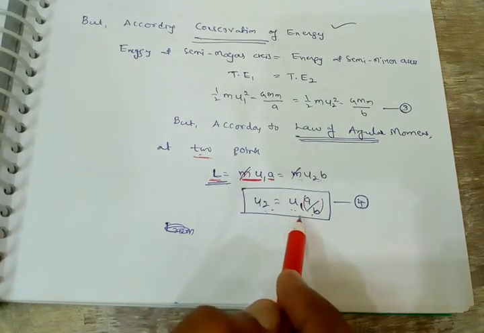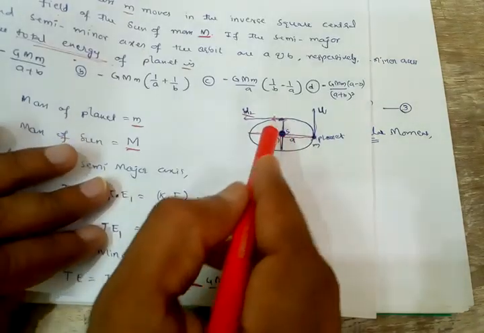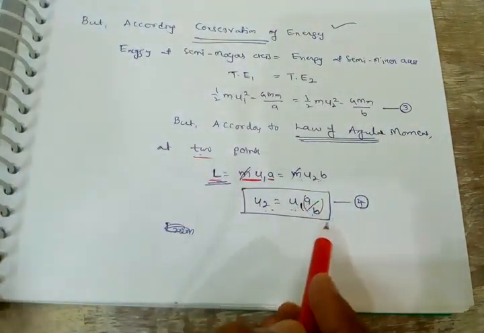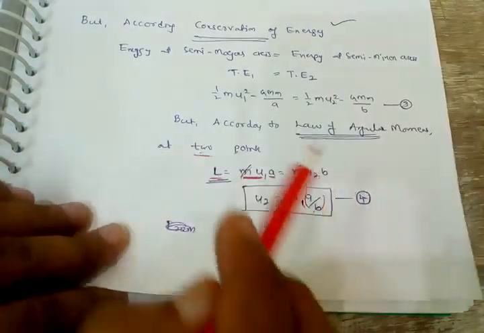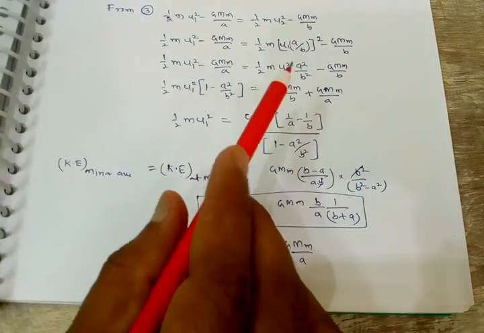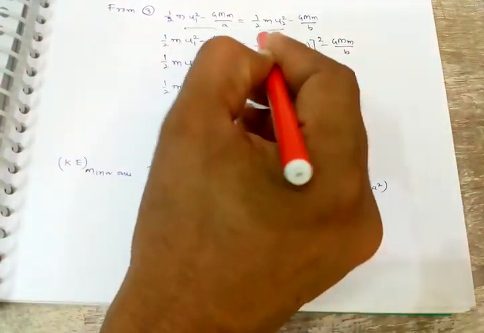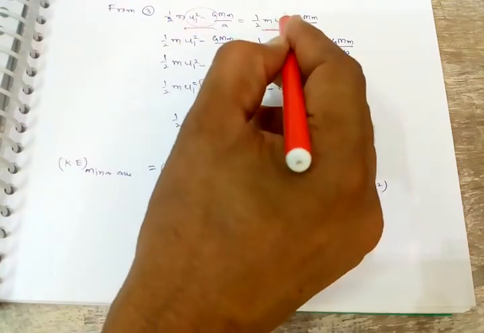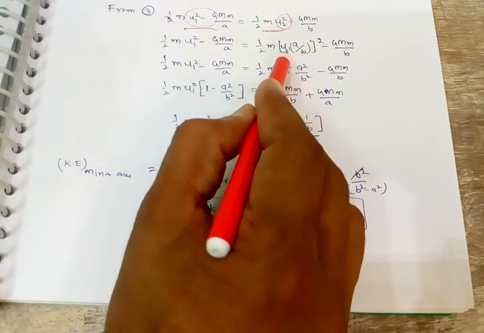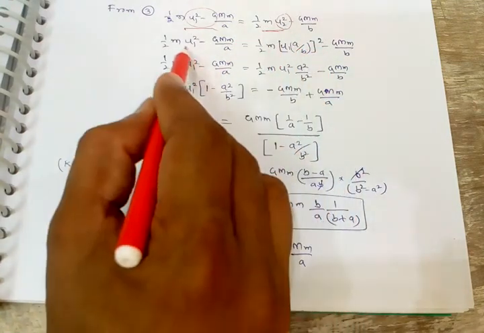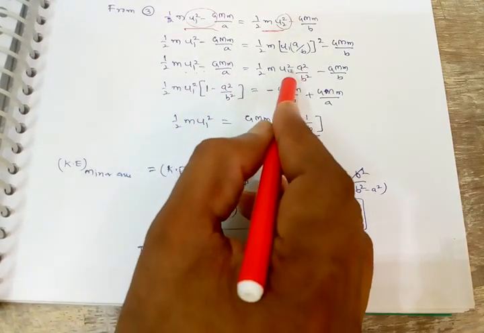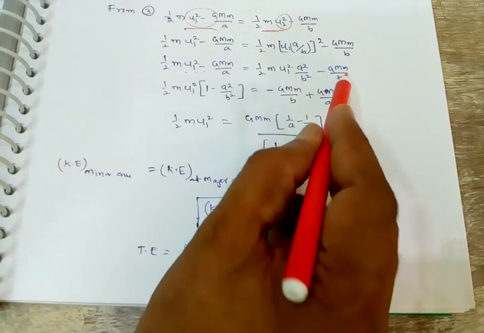That means at this point the speed is u1 into a by b. So we applied conservation of energy and conservation of angular momentum. In the energy equation, instead of u2 we substitute u1 a by b: half m u1 square minus GMm by a equals half m u1 square a square by b square minus GMm by b.